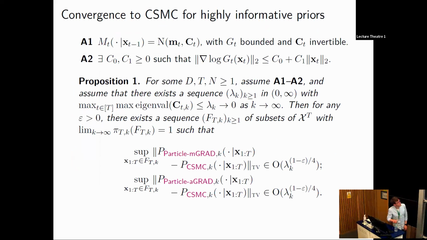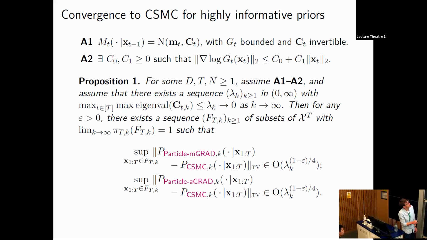So we have results which show that particle mGRAD and aGRAD converge to the Markov kernels that they induce, converge in total variation distance to the conditional SMC Markov kernels, if all the eigenvalues of my prior covariance matrix go to 0.